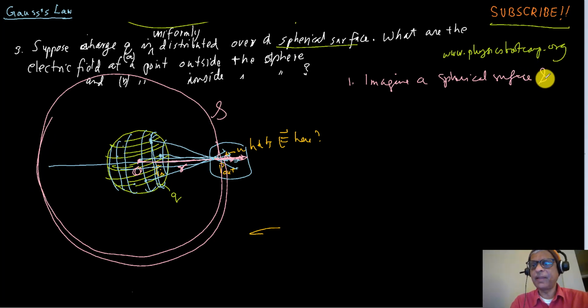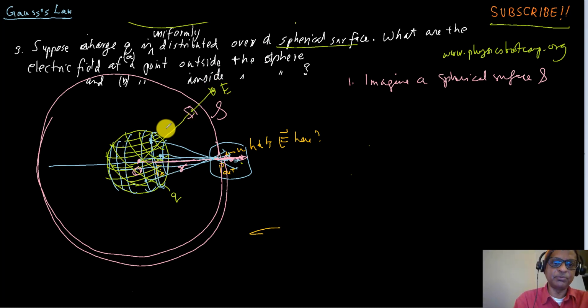Imagine surface S, and at each one of these points of the surface, the electric field will be, by the same argument, from the symmetry of the charge, you can use these rings, right? And you can show that this is that way. So electric field at this point, which is distance R, and so this is point, say, P2, okay? Point P2 and point P out, the magnitude of the electric field has to be the same, right? Because it's the same symmetry situation.